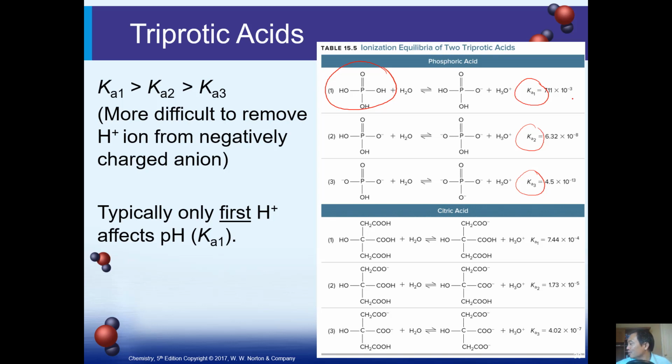So you see Ka1 is 10 raised to negative 3, Ka2 10 raised to negative 8, Ka3 10 raised to negative 13. So Ka1 is much greater than Ka2. Ka2 is much greater than Ka3. We have some other examples which give you a much smaller difference between Kas. Okay, as you see in the next case over here.